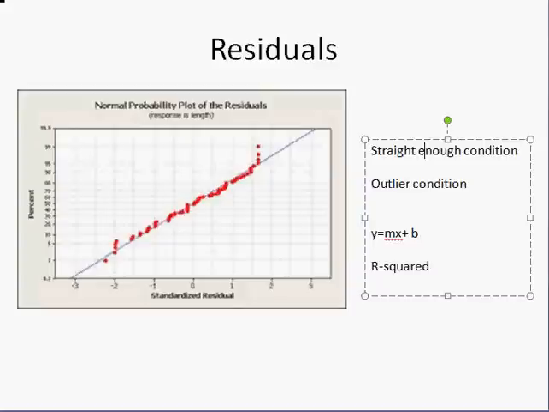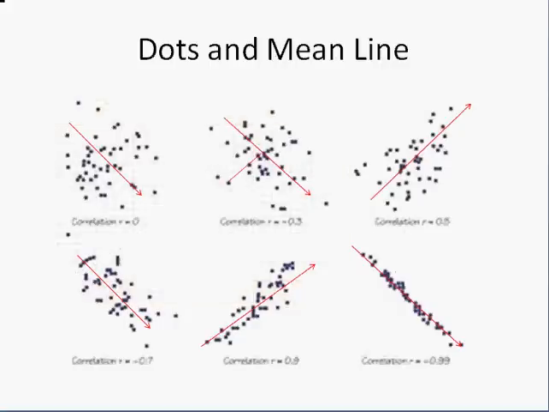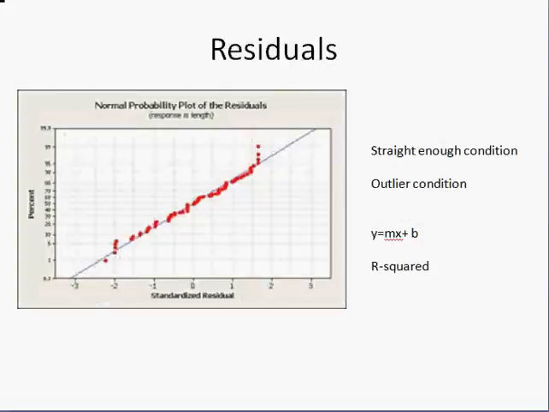It would look like that, and that would not be straight enough. We need something that looks pretty straight. The first two are okay. They sort of pass straight enough, as long as they're not widening like a vase or a V. As long as they're not widening, that's straight enough.